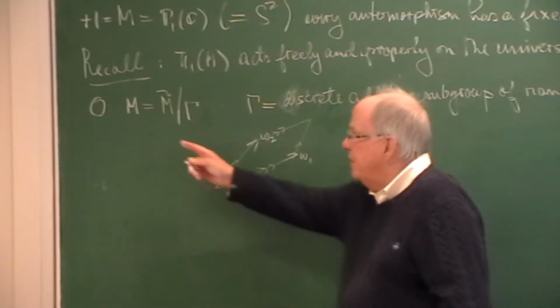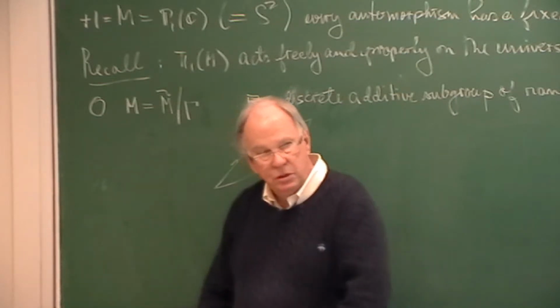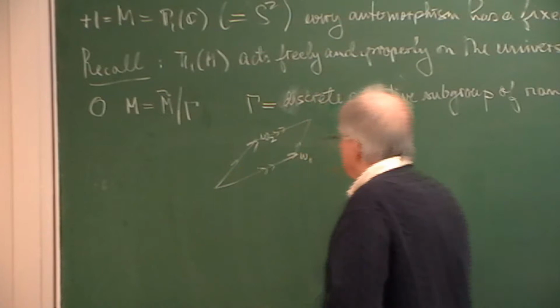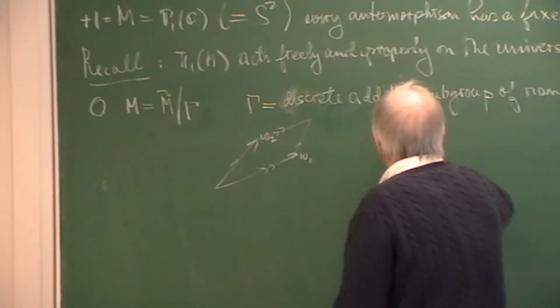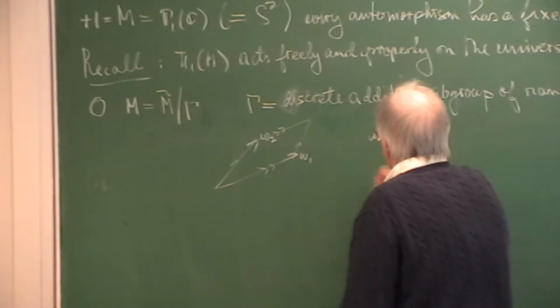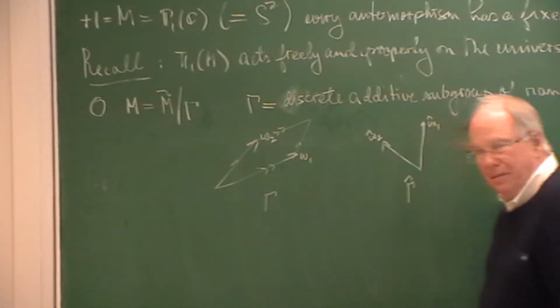So you take the flat metric on R2, you make the quotient, and you ask when are these two quotients the same. You make another one like this. Let's say here, this generates gamma hat, and this generates gamma.